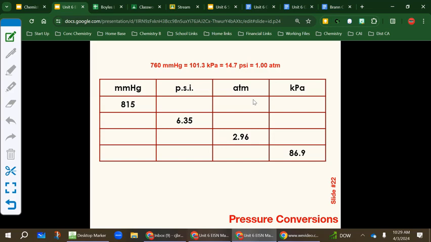But that's the only one in here where you have a 1 in it. Otherwise, you are going to have two numbers here. You will have to multiply by the one on the top and then divide by the one on the bottom. This will give you some answer in ATM. Then again, you can go back to the original number, or you could take the one you got here and convert it. But if you go back to the original number, it sets up the same way. The only thing that changes is the number on the top each time.